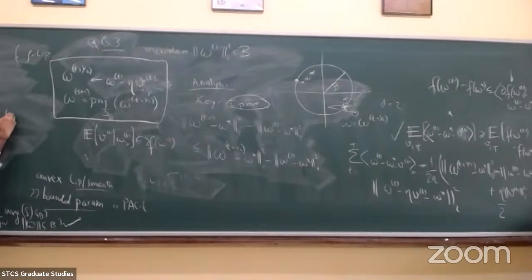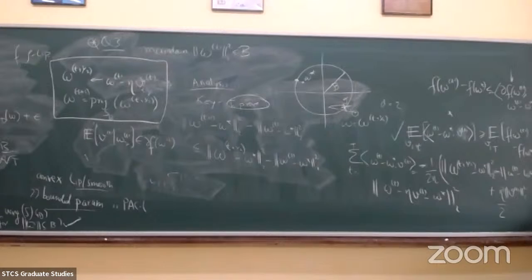Where epsilon is, okay, what epsilon? Your T is chosen in such a way that T is B square rho square over epsilon. So this is the same guarantee which I inverted.